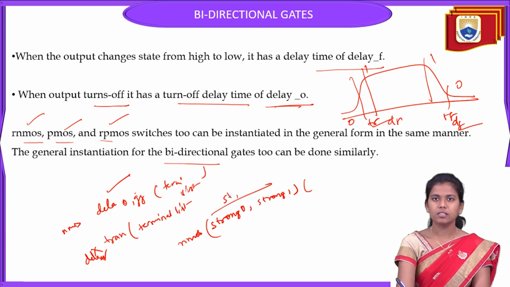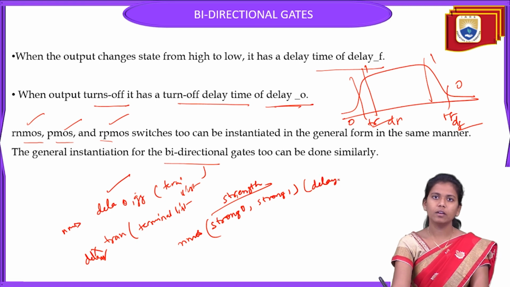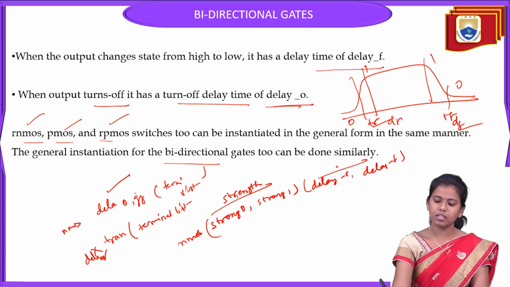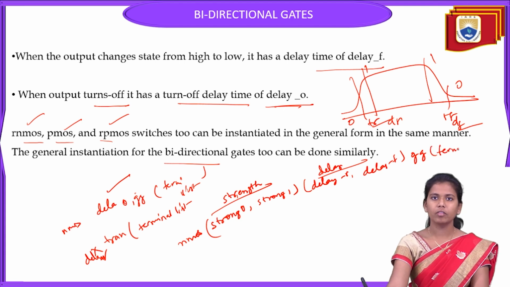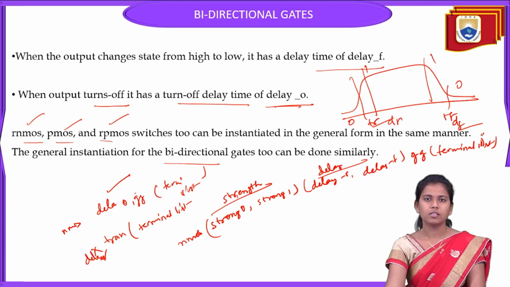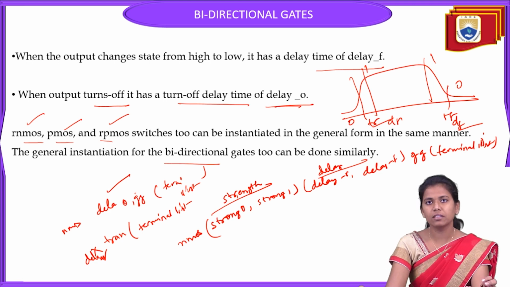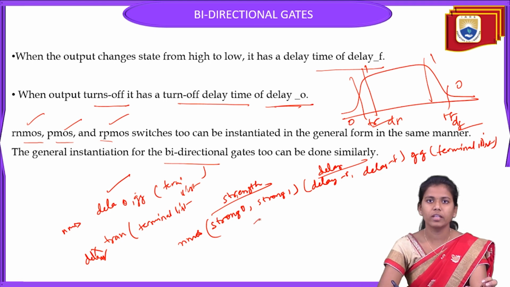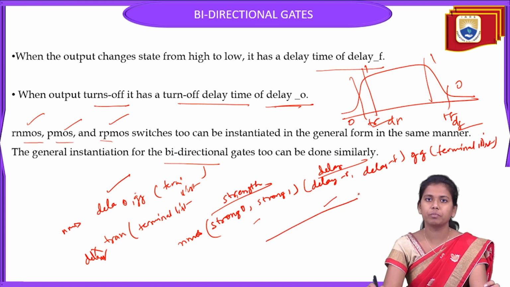These are the strengths, and then follows the delay rise, delay F. These are nothing but the delays, and then follows the gate and then the terminal list. So with respect to the instantiation, with the strengths and delays, this is how we represent.